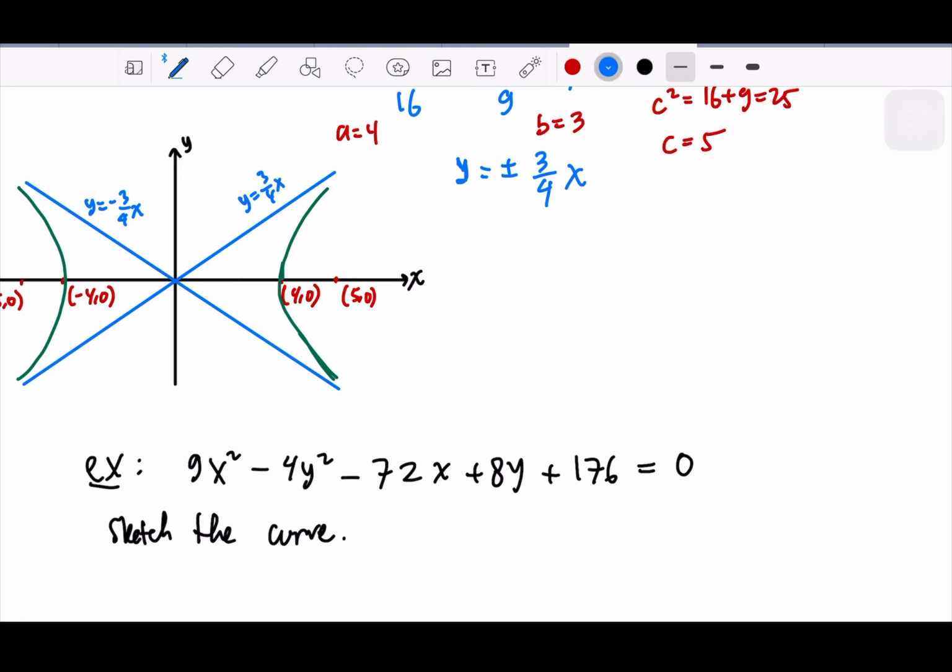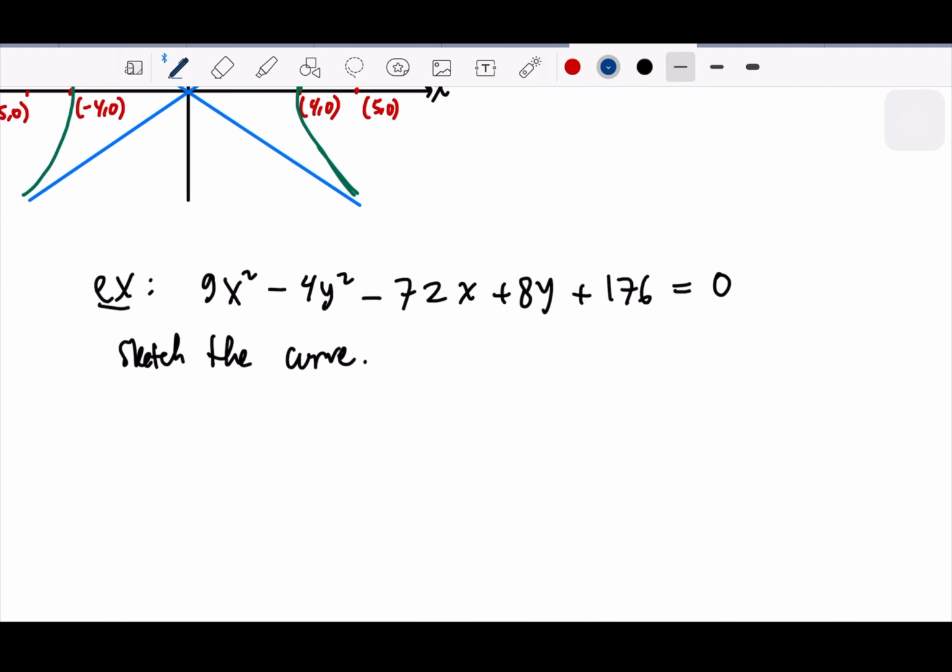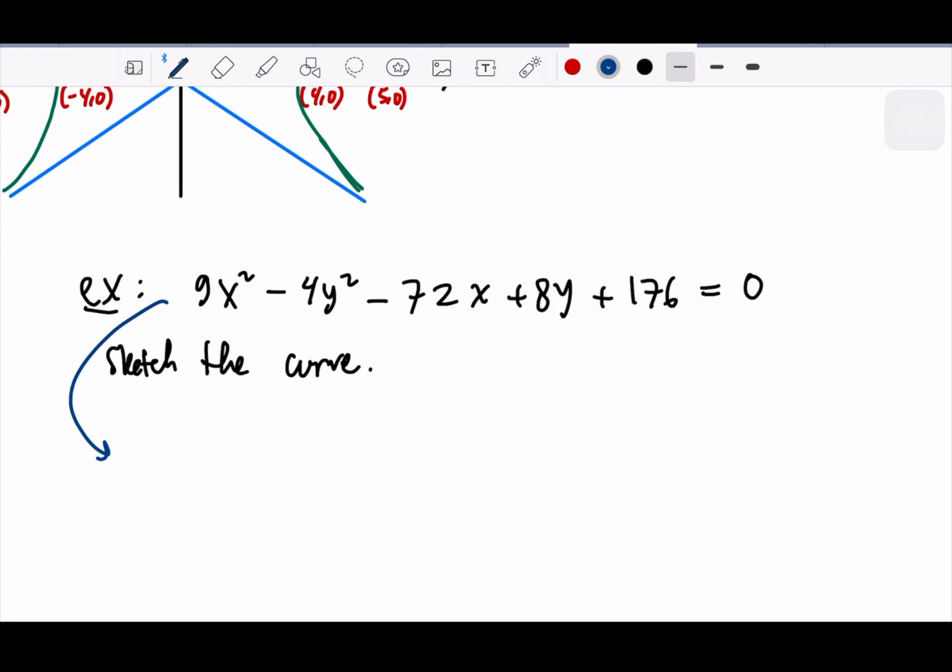Okay, now we need to solve the equation first. We simplify and find what the hyperbola equation is.